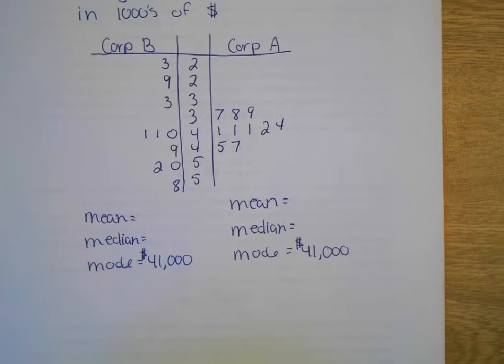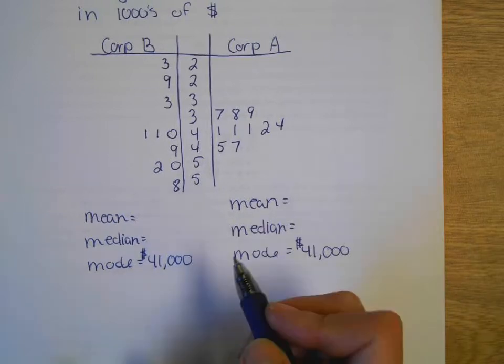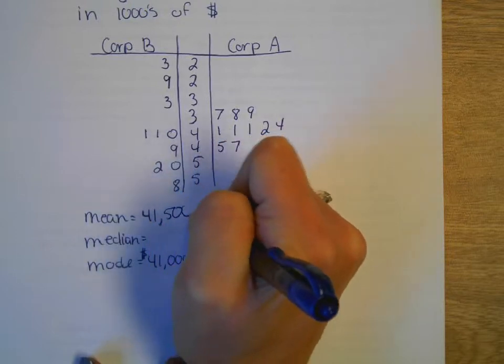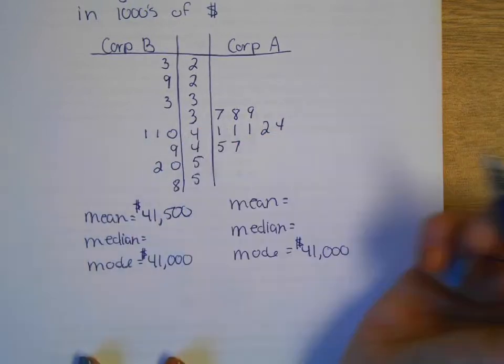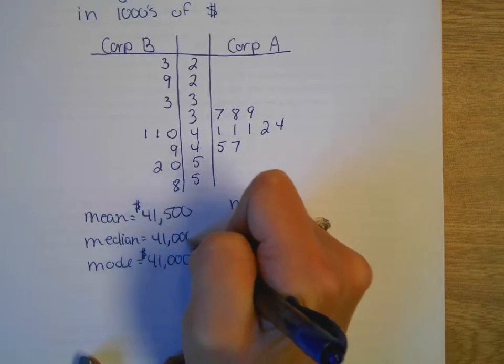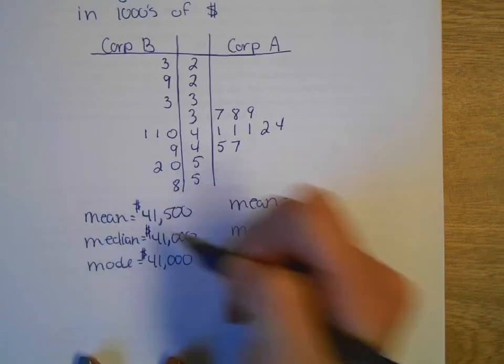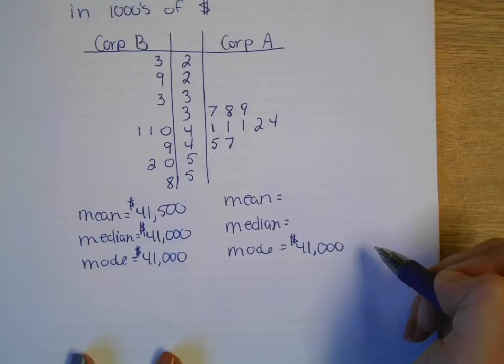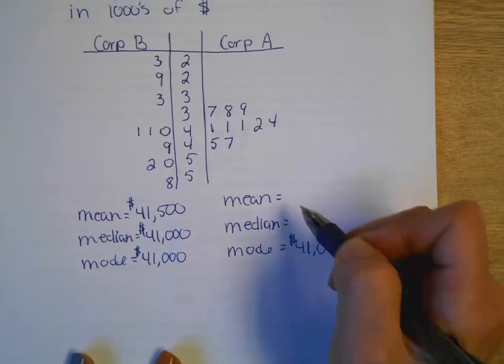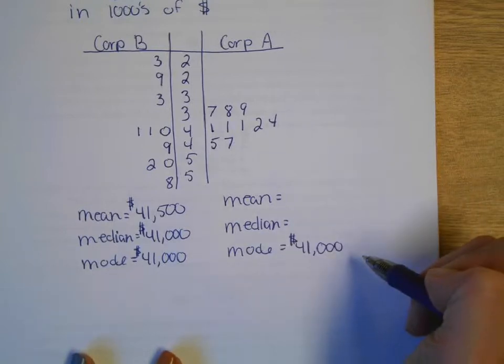Did you get any of them yet? Let me know if you... For B, I got the median is 41.5, so $41,500. And the mode is 41,000. What'd you guys get for Corporation A? Mean, I think you got that wrong.